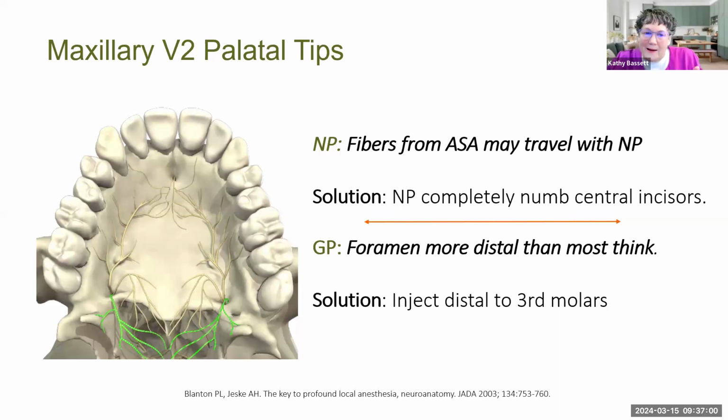The other one I mentioned is to keep in mind that the foramen is more distal than we think, or more distal than we recall, as we start choosing our targets based on teeth.